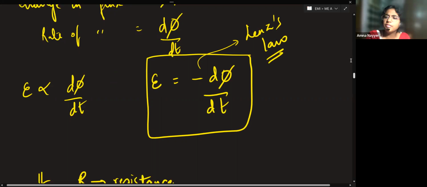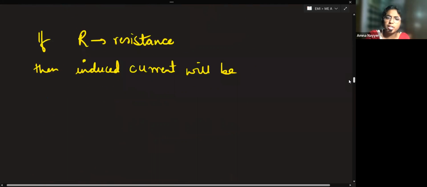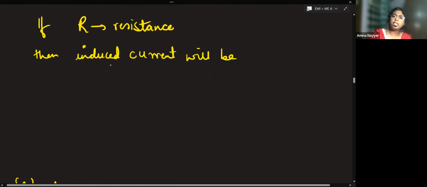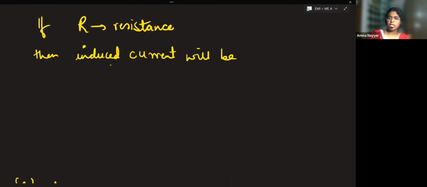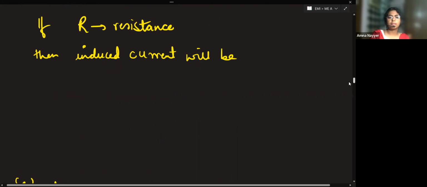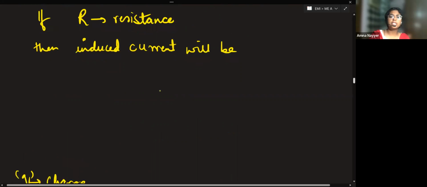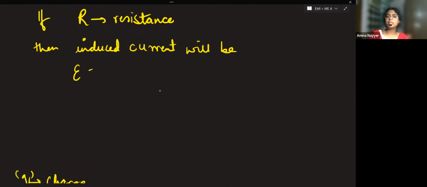Now, if resistance is given to me, and I want to calculate the induced current, how will I get it? See, current is what? From Ohm's law, V is equal to IR, right? So I will be equal to EMF divided by resistance.